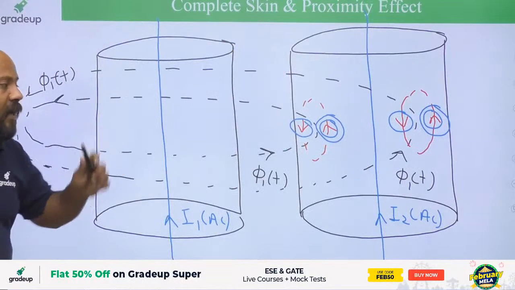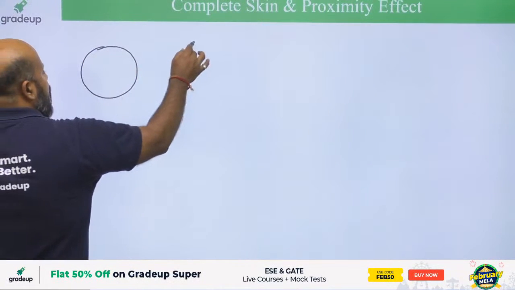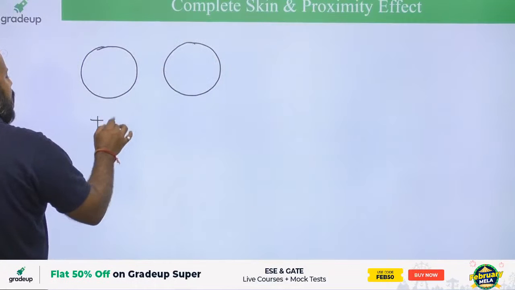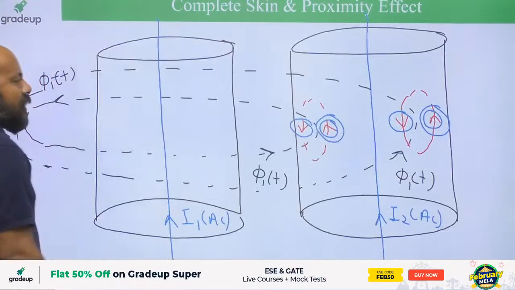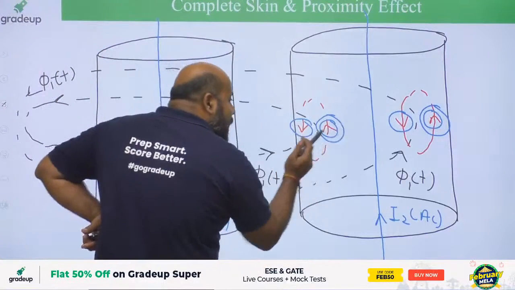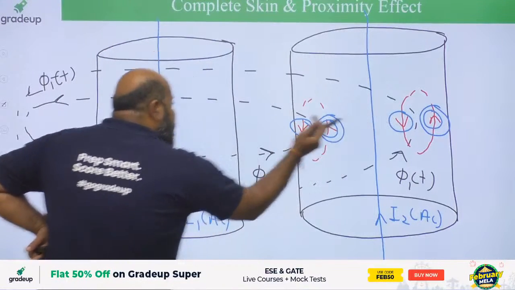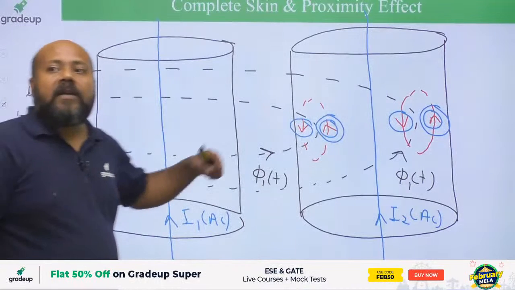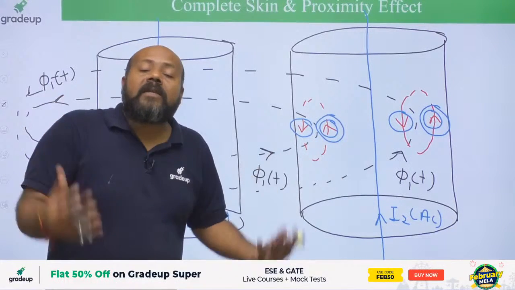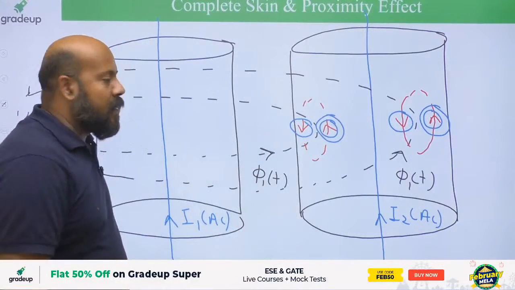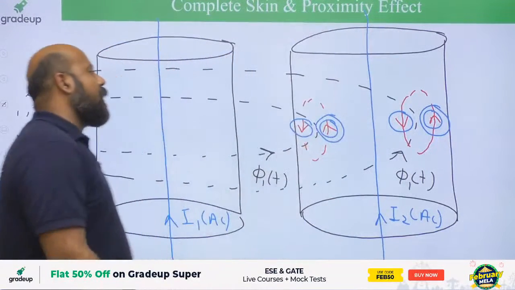It means, my friend, we can conclude that if we have two nearby conductors like this, and both the conductors are having current in the same direction, what is happening? The part of the conductor which is nearest to the other conductor, the current is going to be less, and there will be a tendency of the current to concentrate in the farther part of the conductor.